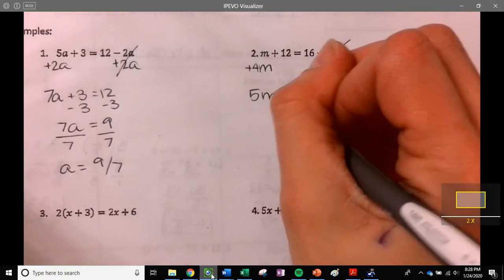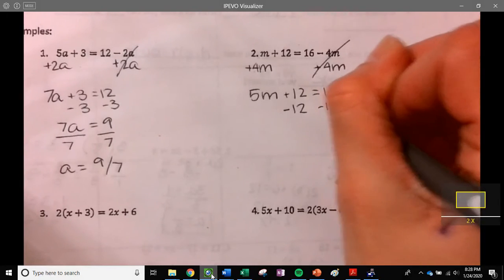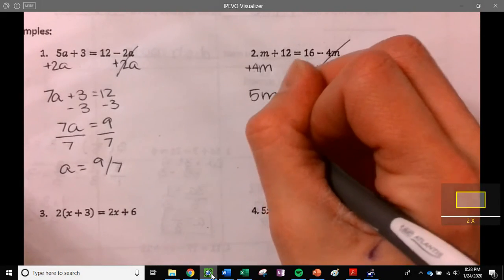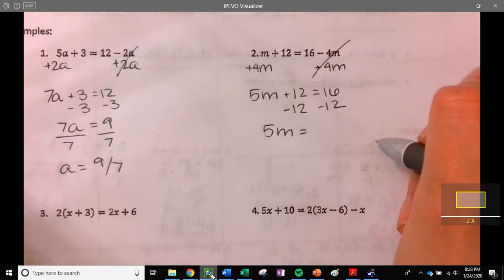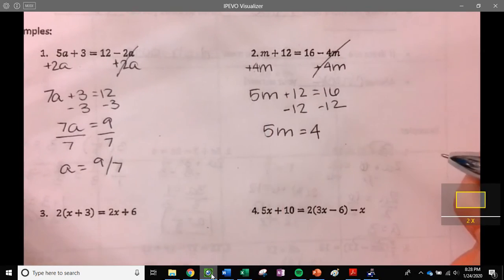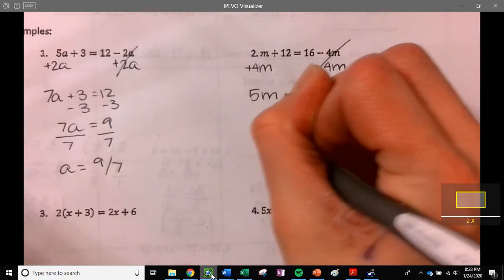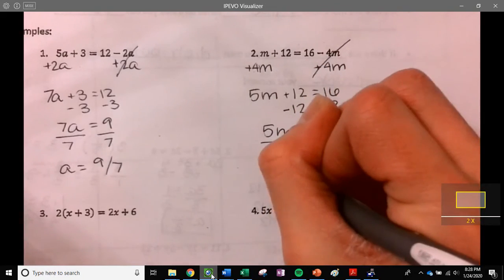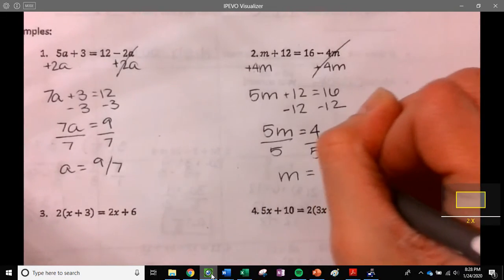Now I'm going to do my two-step. 5m equals 4. 16 minus 12 is 4. And then I'm going to divide by 5 and divide by 5. M equals 4/5.